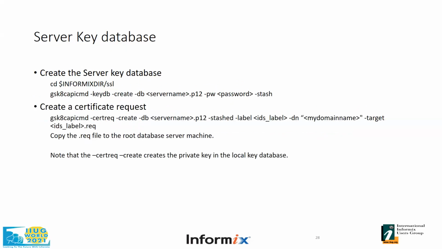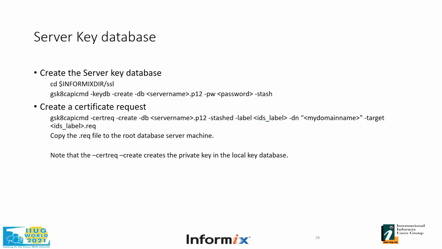Okay, so this is back now if you're a DBA and you're trying to set up an SSL connection using certificates that you're asking your certificate authority to sign. These are the steps you have to do. Again, the first step is to create the server key database in the Informix SSL directory.